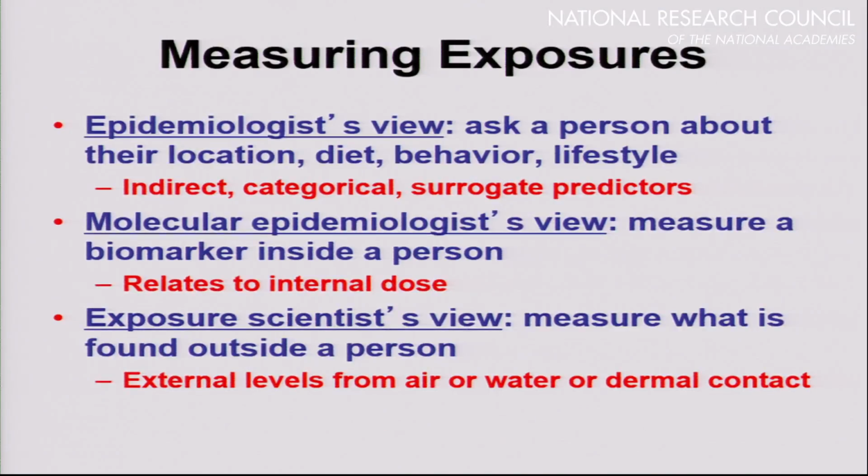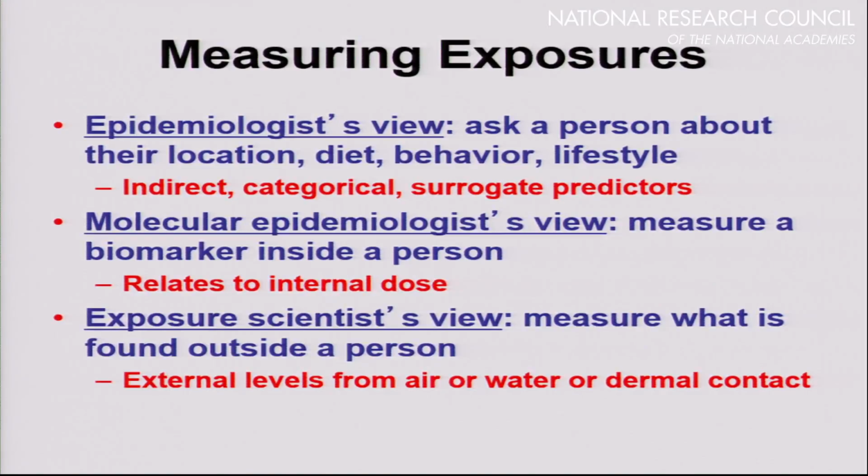So when we measure exposures, and again, Stephen brought this up, there's three different views. There's the epidemiologist view, which is largely based on questionnaires where we ask people. And in that respect, the epidemiological view is largely indirect or categorical. What we want to do is elevate the game, if you want, and bring in something that's perhaps a little more precise. And this is where it's either the molecular epidemiologist view or the exposure scientist view. So the molecular epidemiologist would want to know about the biomarkers inside of you.